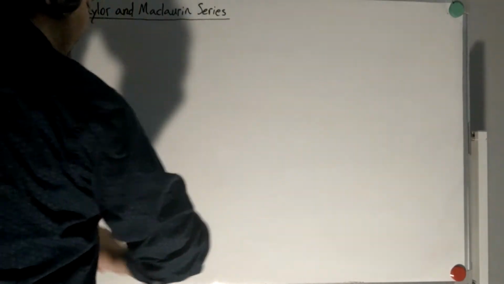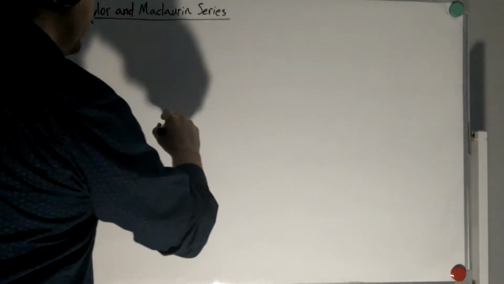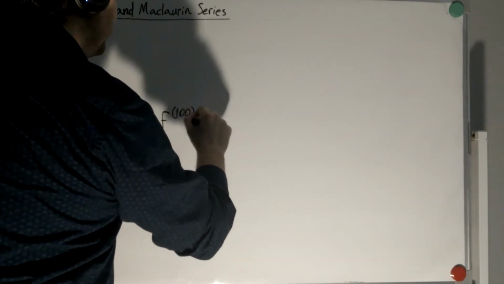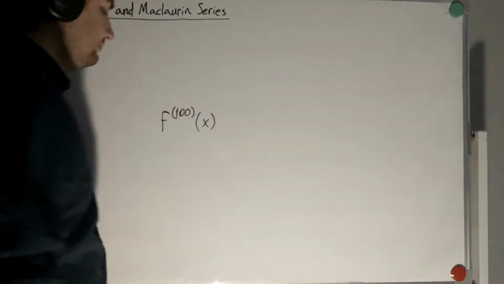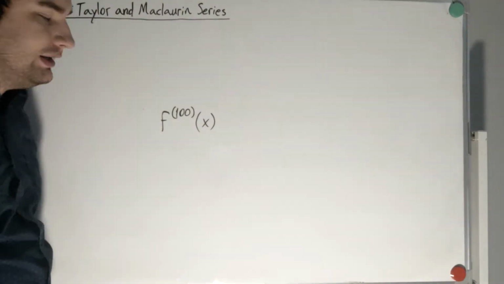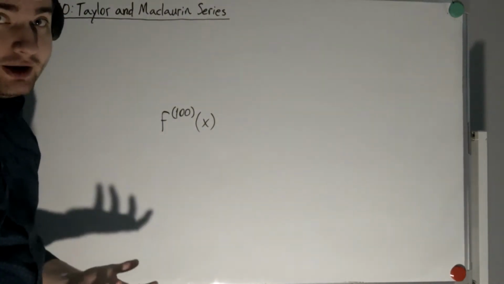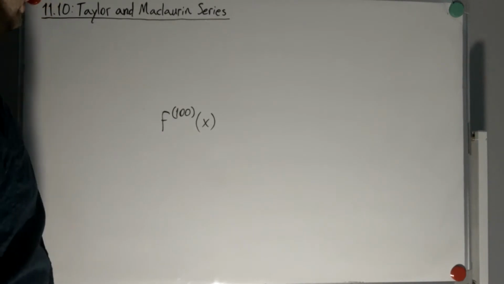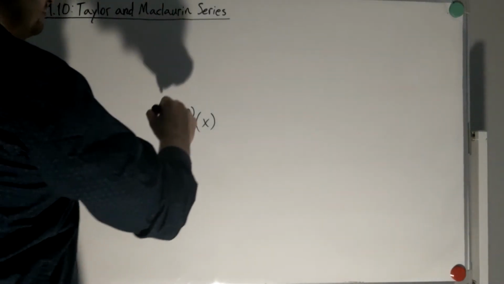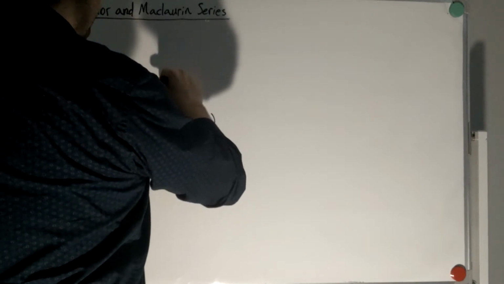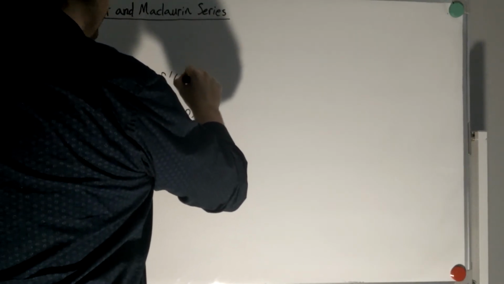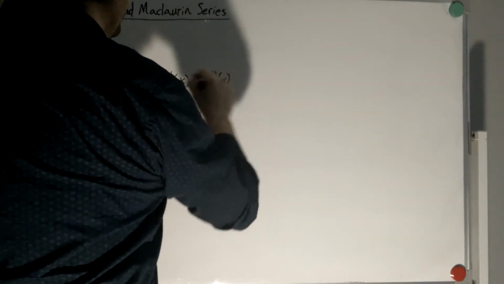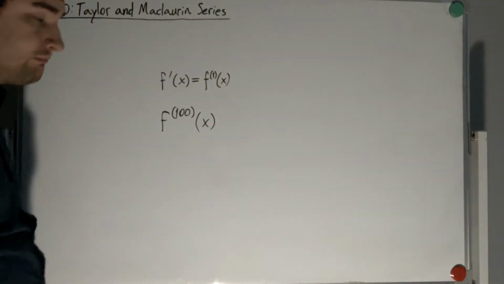So instead of doing that, we're going to just write f with parentheses 100 as a superscript. Okay? And this just means the 100th derivative of f. So therefore, the first derivative that you're used to is f parentheses 1 of x.